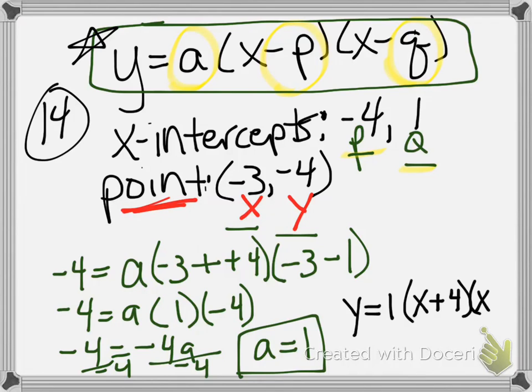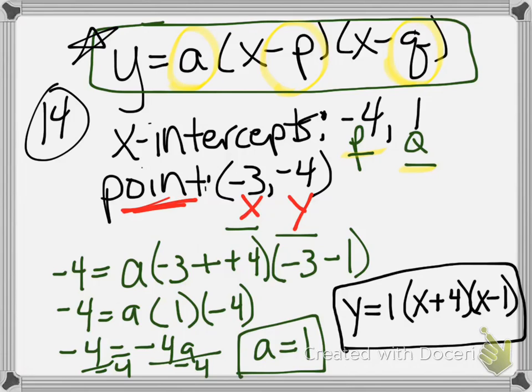Then X minus my Q, which is 1. So Y equals 1 times (X plus 4) times (X minus 1) is my equation. That's the intercept form for the quadratic equation.